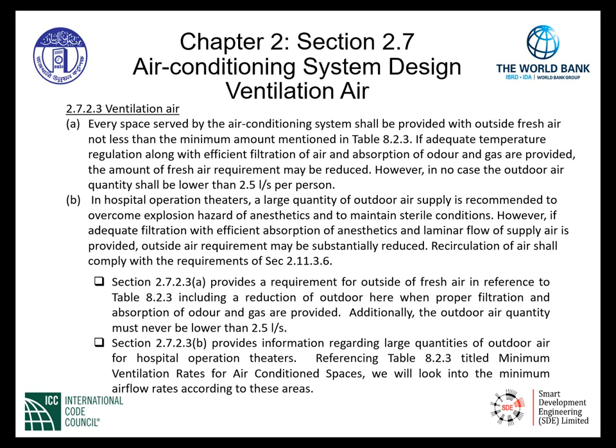Now, just to summarize, section 2.7.2.3a provides a requirement for outside fresh air in reference to table 8.2.3, including a reduction of outdoor air where proper filtration and absorption of odor and gas are provided. So we could provide a reduction of outdoor air.